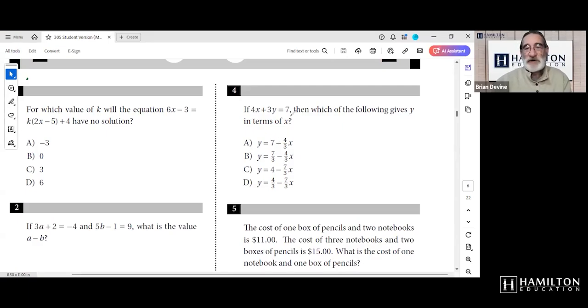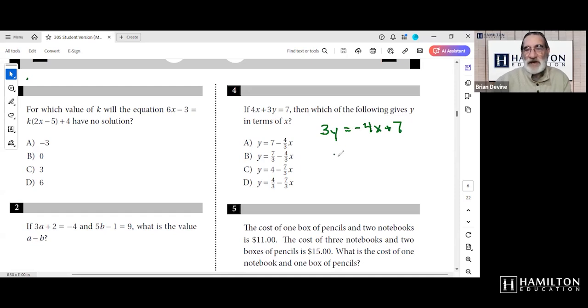Question 4. If 4x plus 3y equals 7, then which of the following gives y in terms of x? So I need to solve this for y. Well, the first move, I'm going to subtract 4x from both sides. And I'll have 3y equals -4x plus 7.